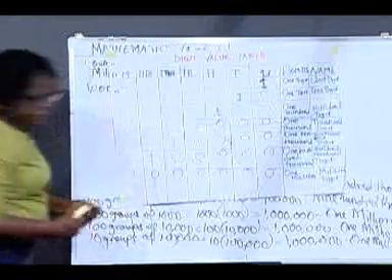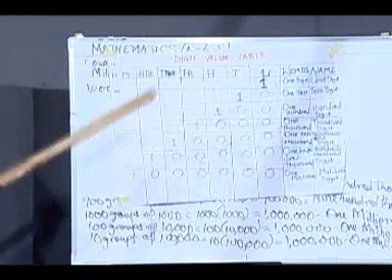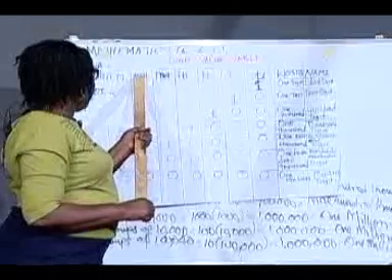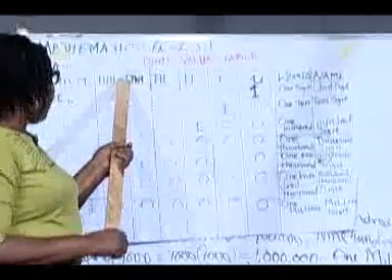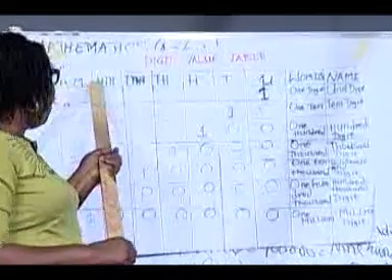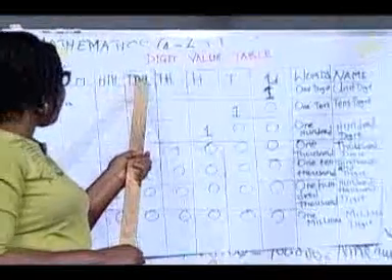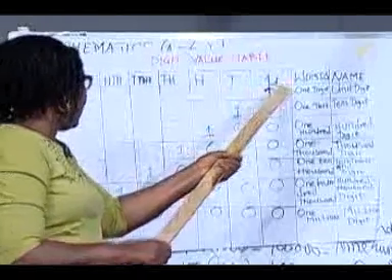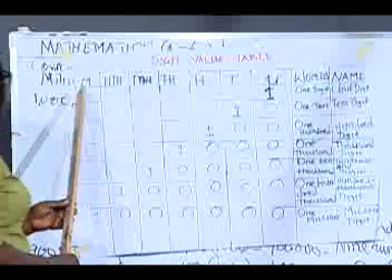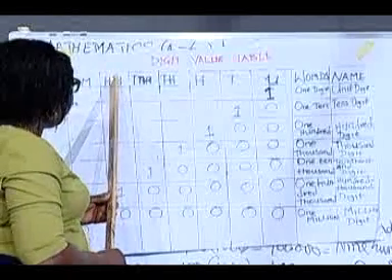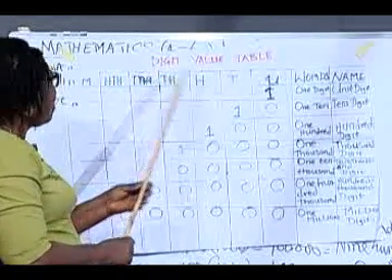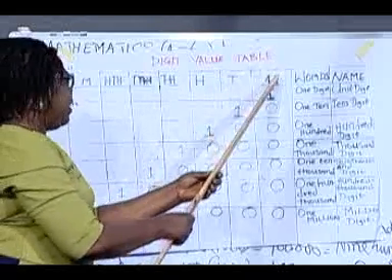If you look at this table, children, you see million, hundreds of million, tens of million, hundreds of thousand, tens of thousand, thousand, hundreds, tens, and what? Unit.